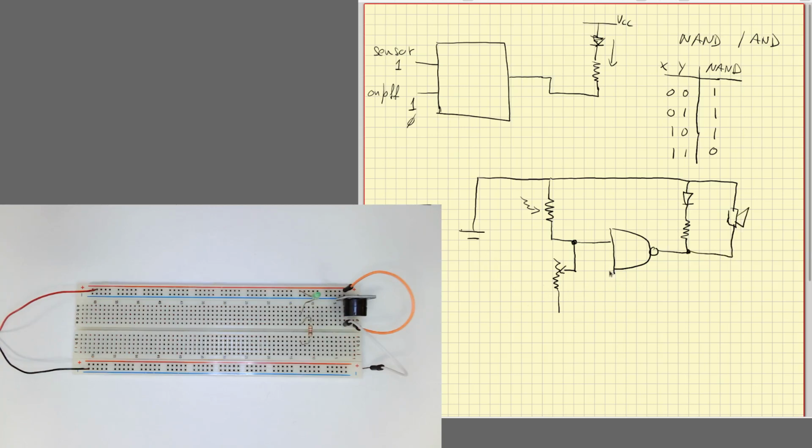And for the other input, we can just use a switch to decide if we want to connect or disconnect the circuit. So it could be basically like this.